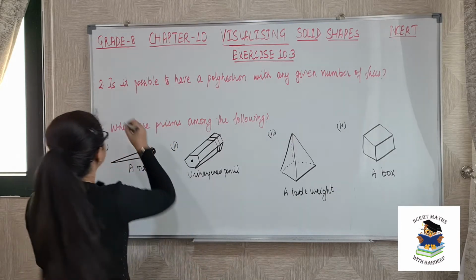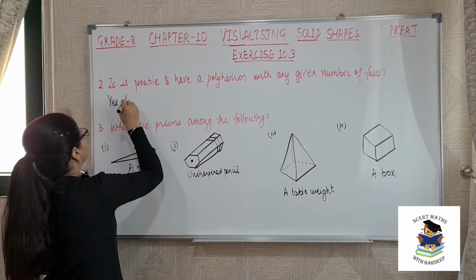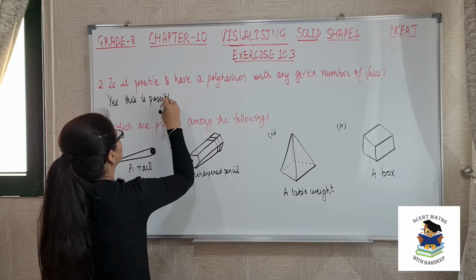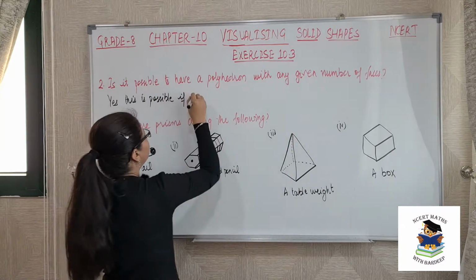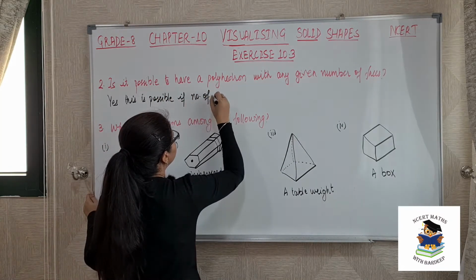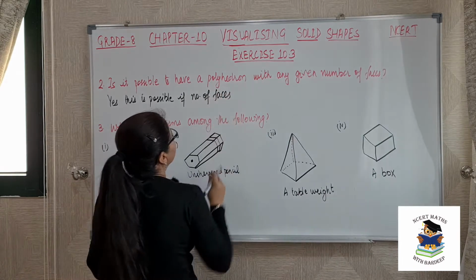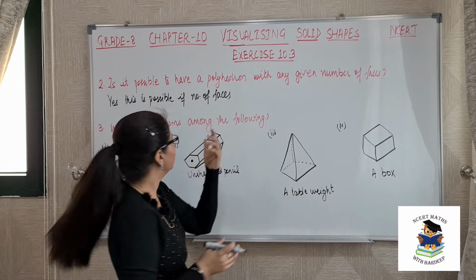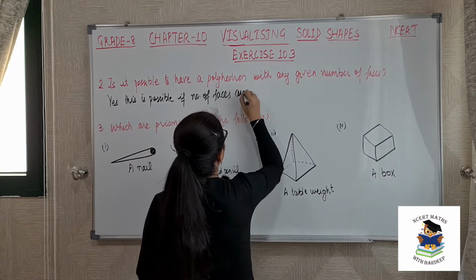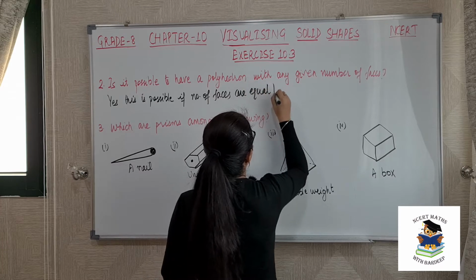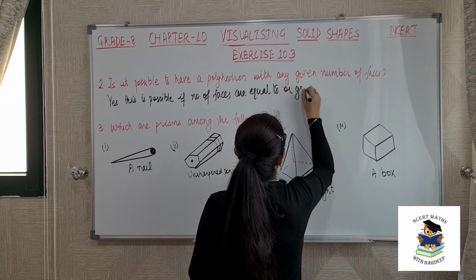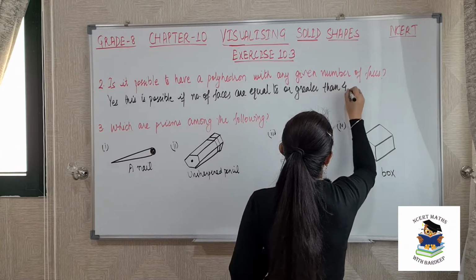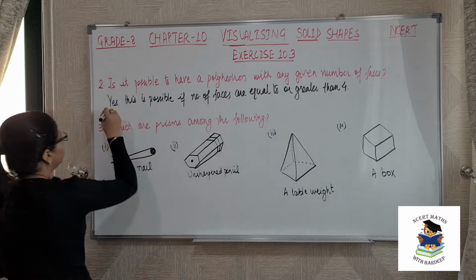Okay, so we will write yes, this is possible if number of faces, because less than 3 is not possible, till 3 this is not possible, 4 and above this is possible. So we will write if number of faces are equal to or greater than 4.